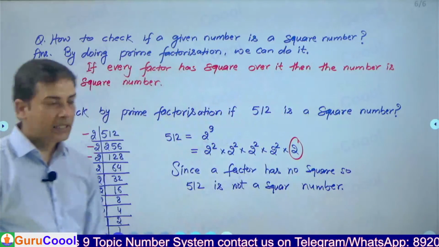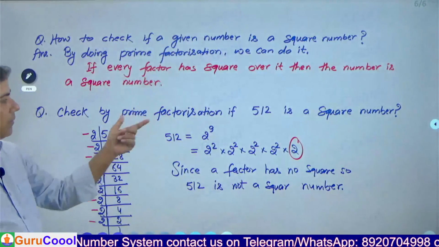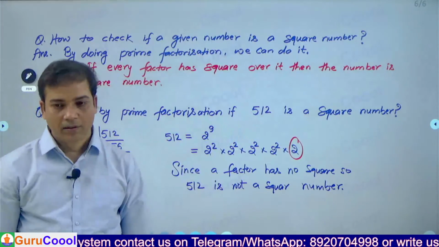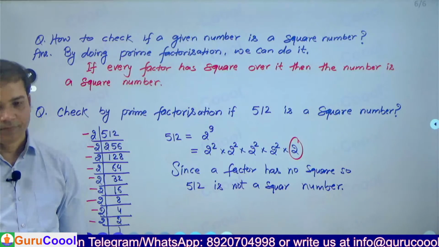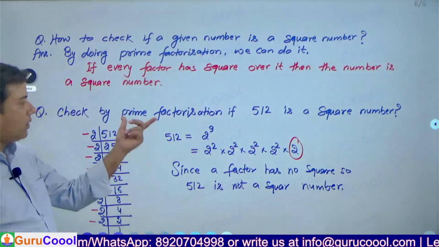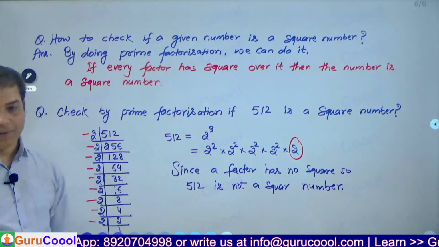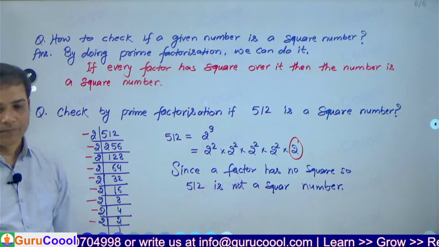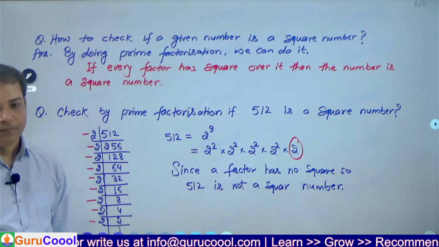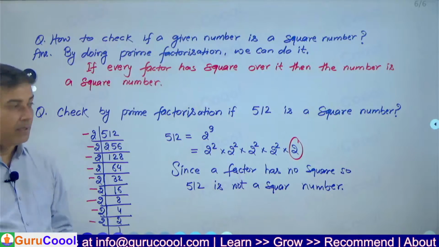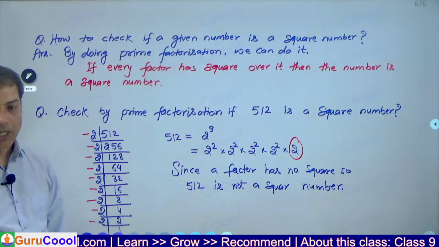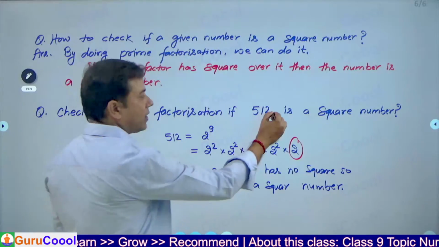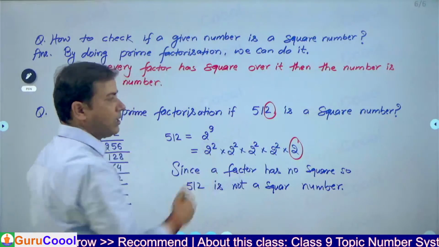Done. This is how we can check a given number. But is there another method, if I don't use prime factorization? Yes, I have. Its ones place is 2, so it can never be a square number.